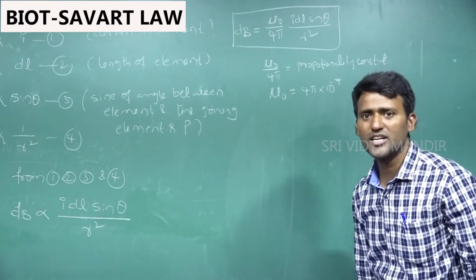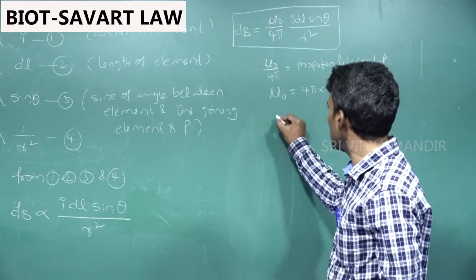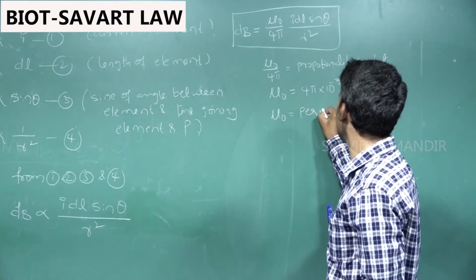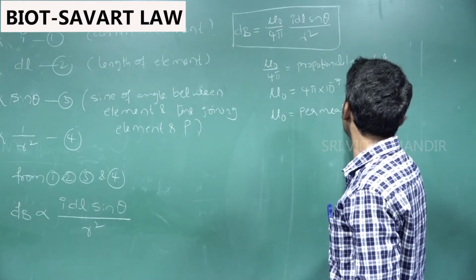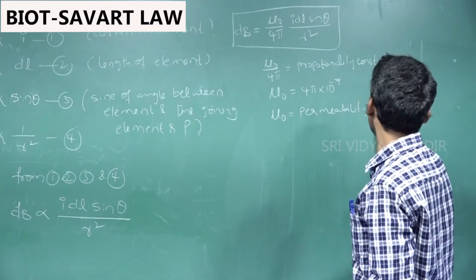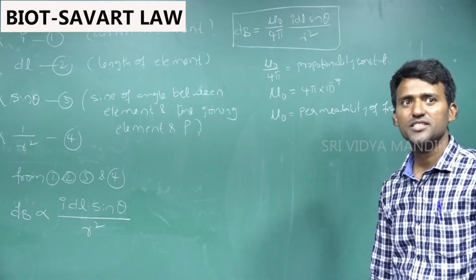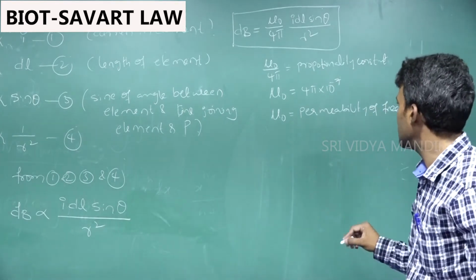We call mu naught the permeability of free space.